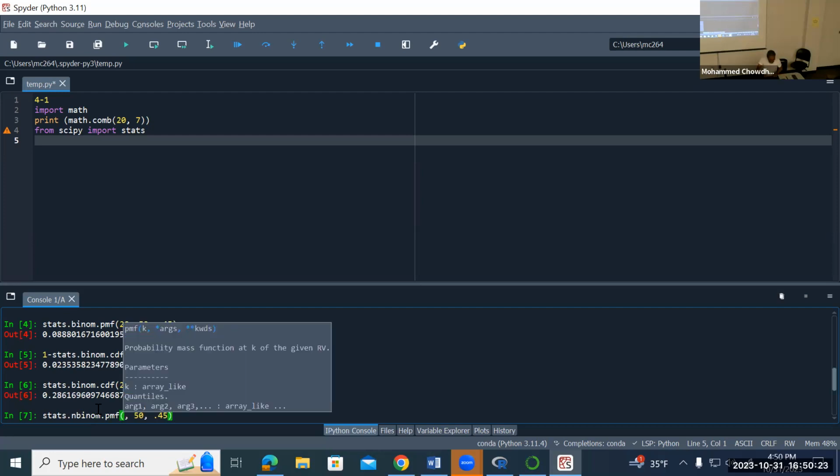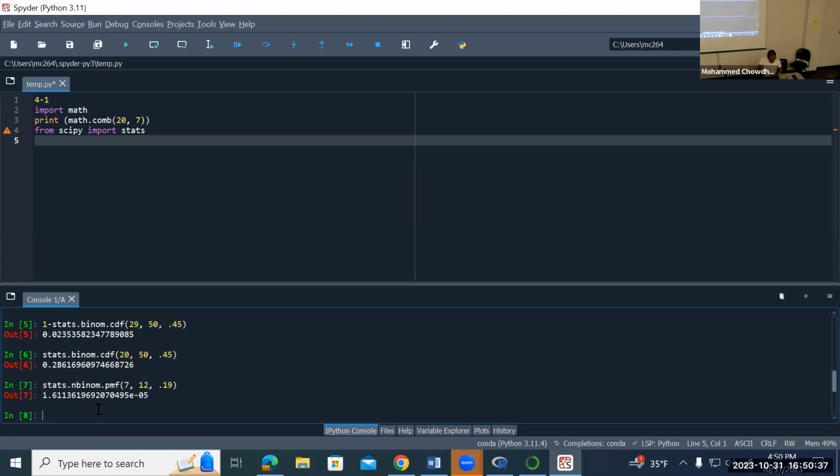I have to put here 7 successes, 12 failures, probability of 0.19. I don't know whether it will work. No, it is not working. It will not work. Let me check.